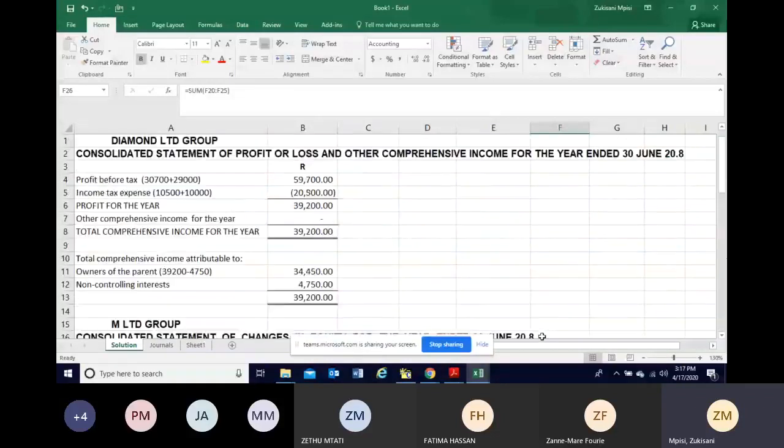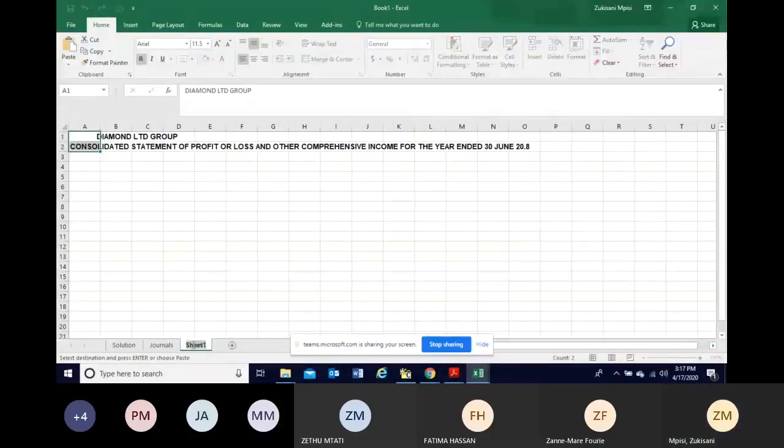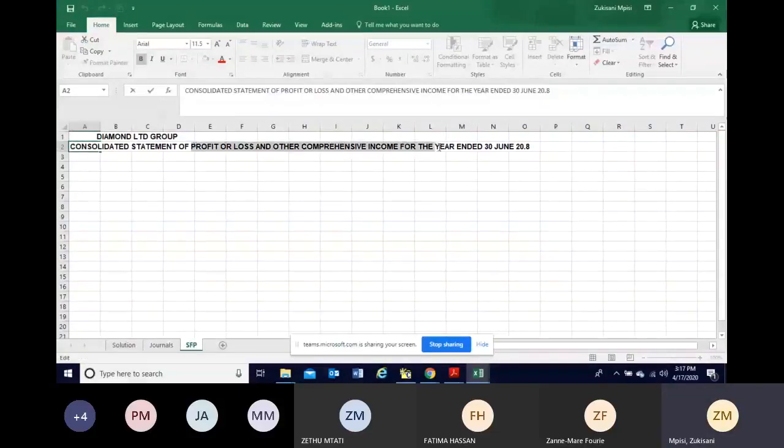So what we have not yet done here, that I just want to see if we can have time to complete, is the part of the statement of financial position, consolidated statement of financial position.